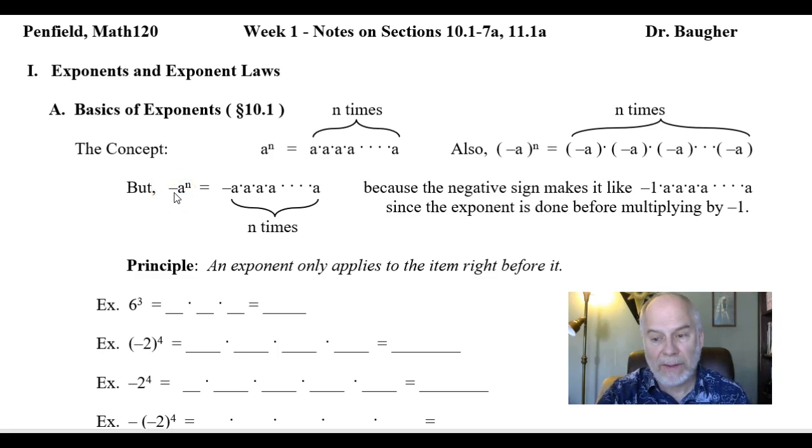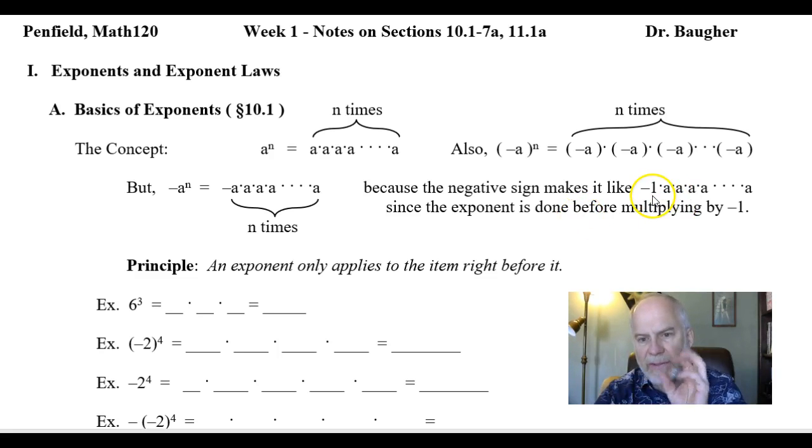However, this is where students get a little bit confused sometimes. If you don't have parentheses and all you have is a negative sign out in front of it, then that negative sign is just saying, give me the opposite of a to the nth power. The thing that is right before the exponent is just the letter a, not the negative sign also. So you'll only do the a n times and only have one negative sign. Because the negative sign, just like with negative x, could be thought of as negative 1 times x.